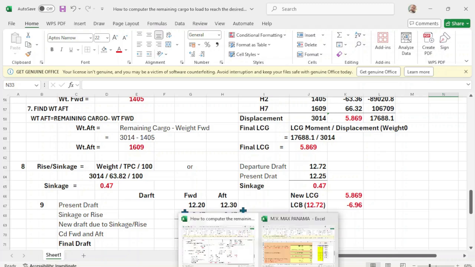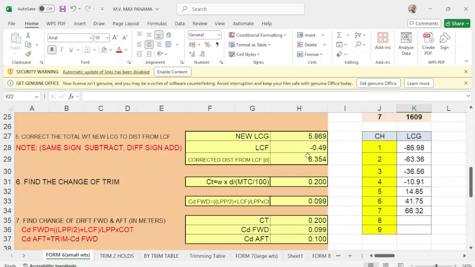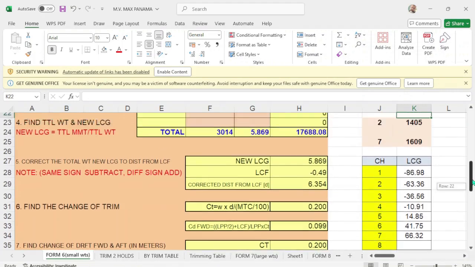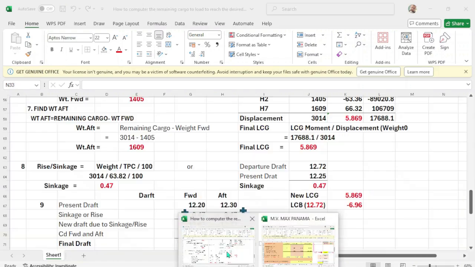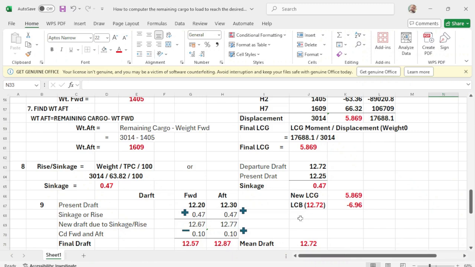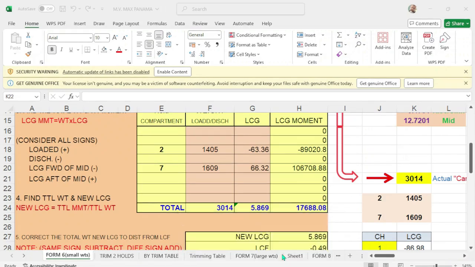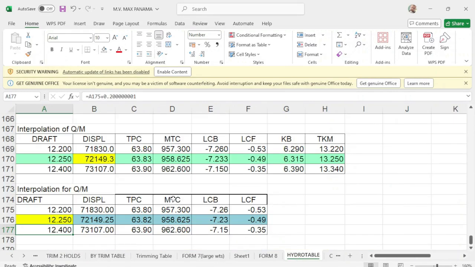Okay, now take note, guys, the new LCG. Because once you put your weight in hold number 2 and number 7, your new LCG is 5.869. That will be your new LCG. And the LCB of 12.72, so you go to your hydrostatic table, 12.72.